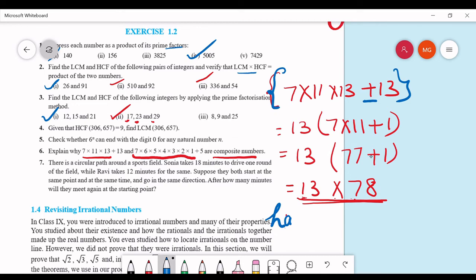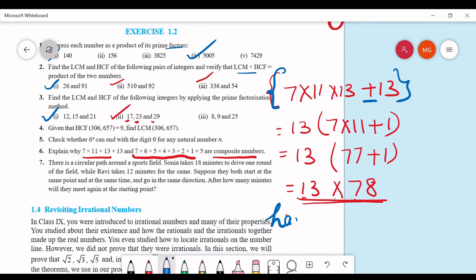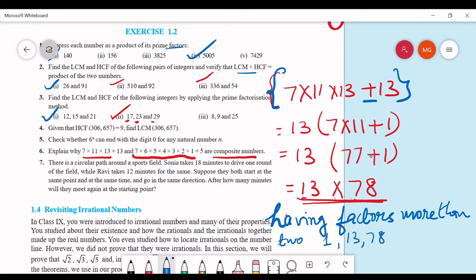having factors more than 2, that is 1, 13, 78 and the number itself, right?